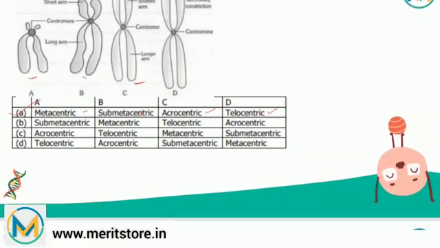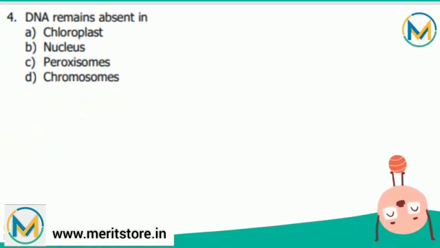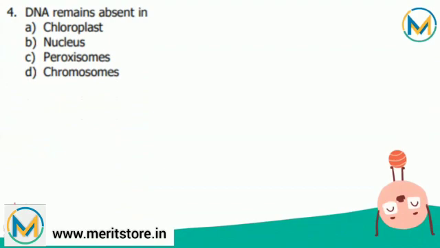Moving towards the next question: DNA remains absent in chloroplast, nucleus, peroxisomes or chromosomes. Now peroxisomes are microbodies which have enzymes for peroxide metabolism. They include peroxide producing oxidative enzymes like peroxidase, urate oxidase, uricase, amino acid oxidase, and the second point we need to understand is the peroxide destroying enzymes like catalase.